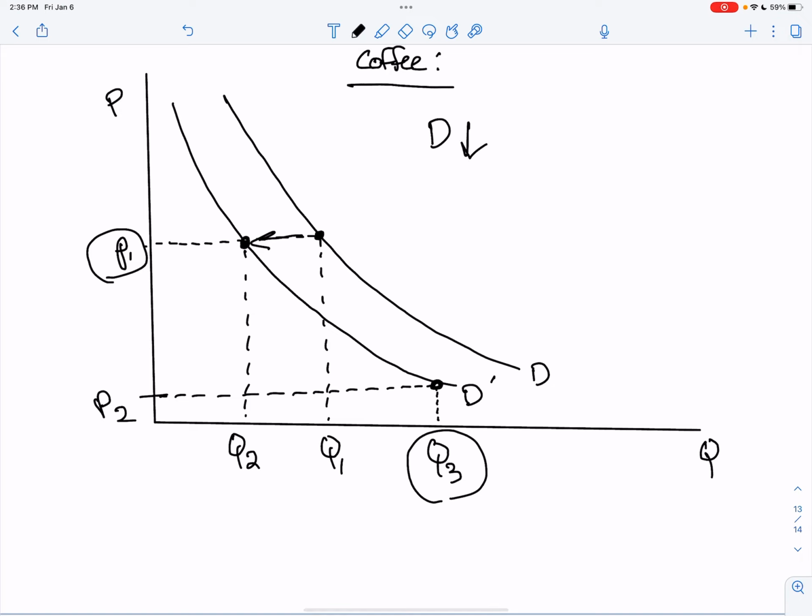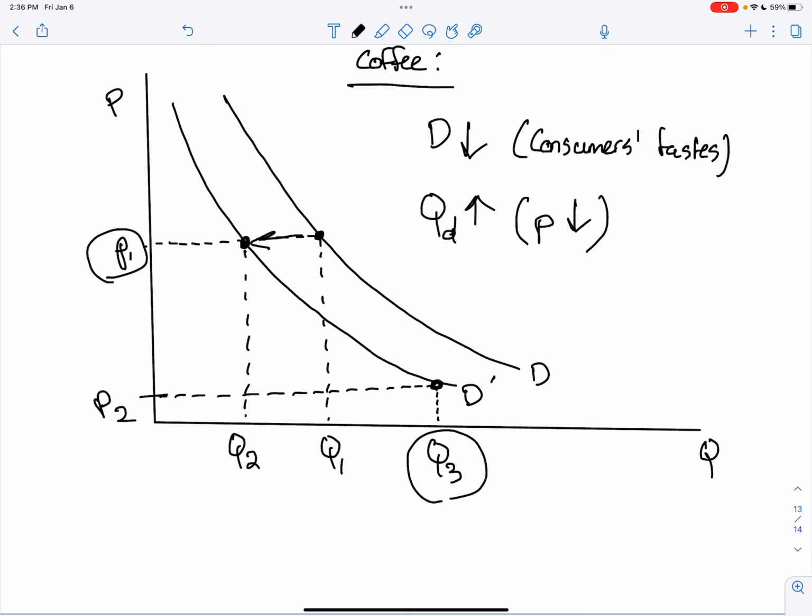Demand has decreased because of consumers' tastes, but quantity demanded has actually increased because the price has gone down. So we have a decrease in demand, but an increase in quantity demanded. Okay, so this is just to illustrate the difference between demand and quantity demanded.